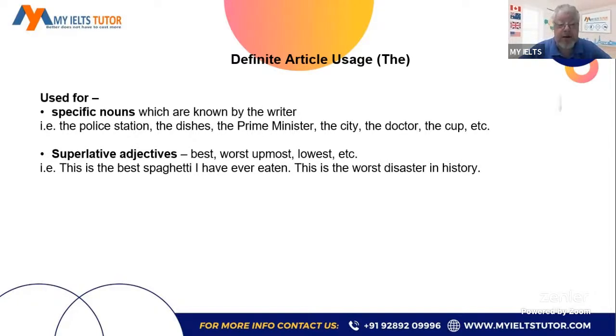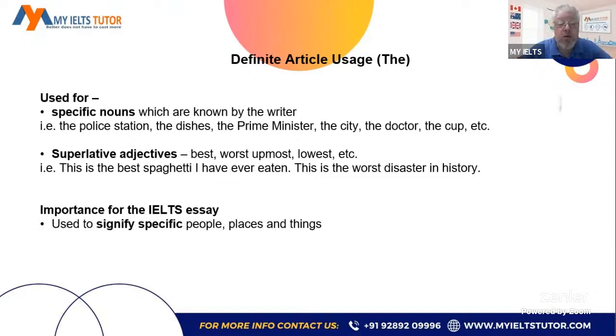Those are examples. Now, the importance of using the definite article in the IELTS essay is that when we're specifying specific people, places, and things, we need to use the word the. Now, there are specific rules for the that go beyond what I'm giving you, and you need to learn them.